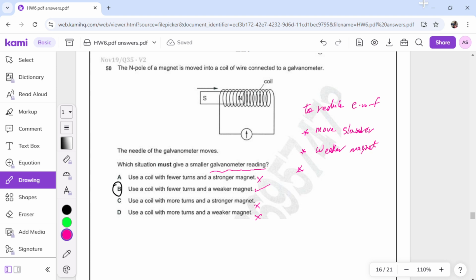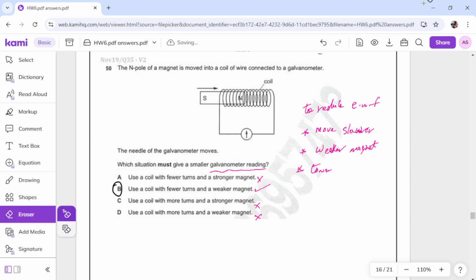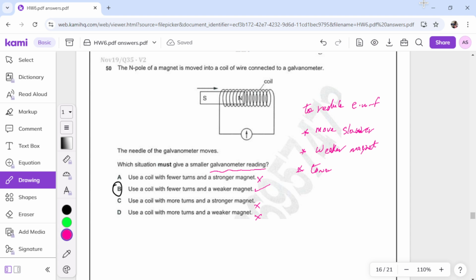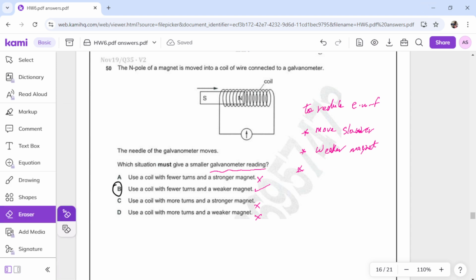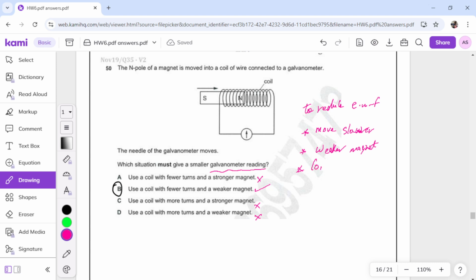Number three, a lower number of turns, or fewer turns of coil. These are the three factors that affect the EMF induced. They will decrease the EMF induced.